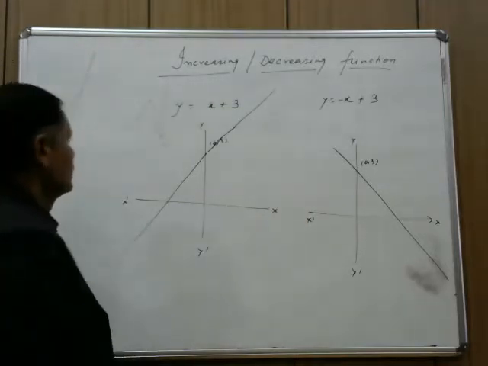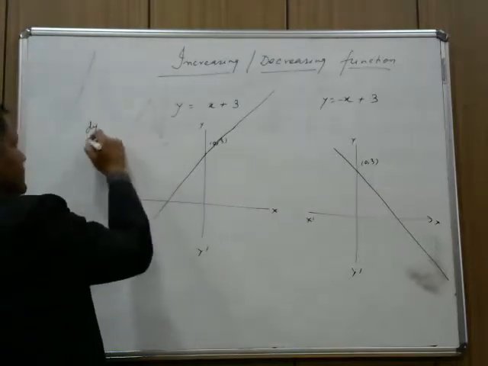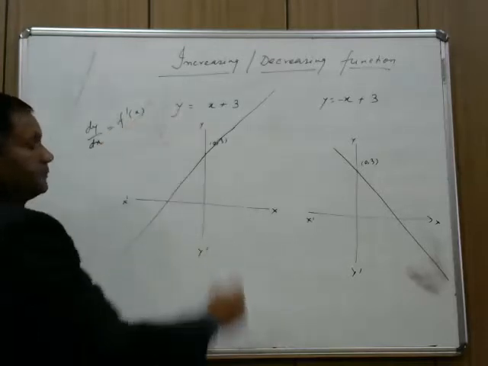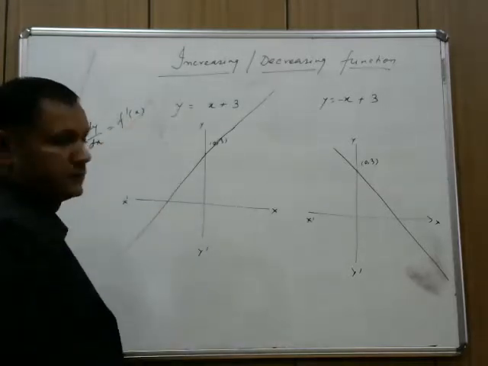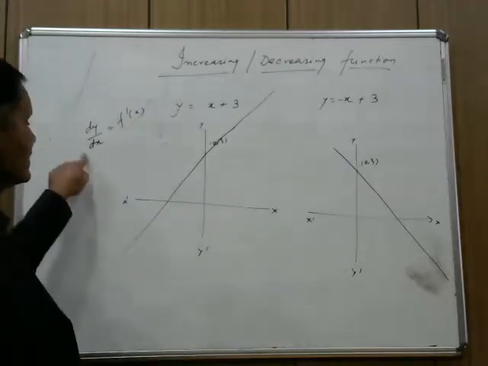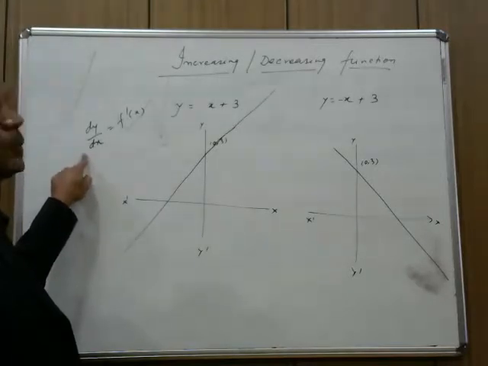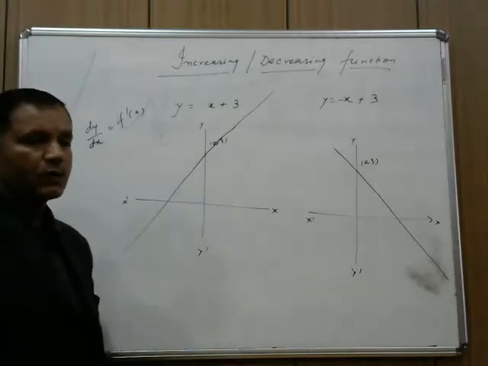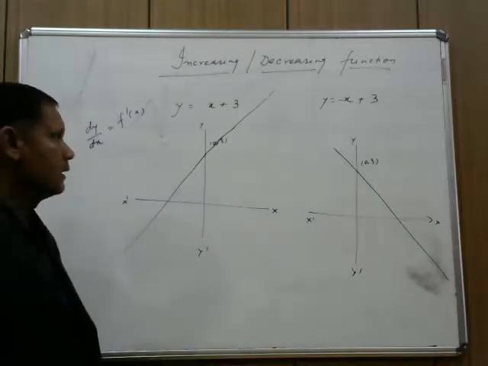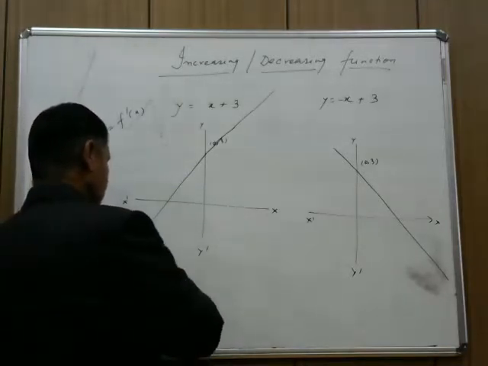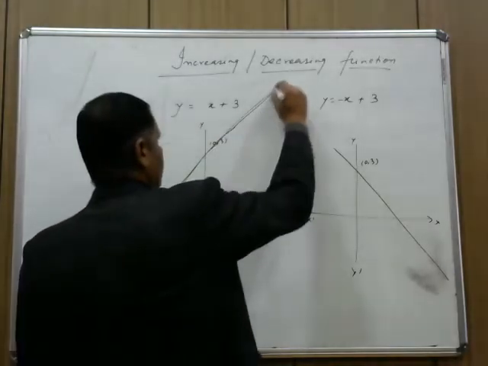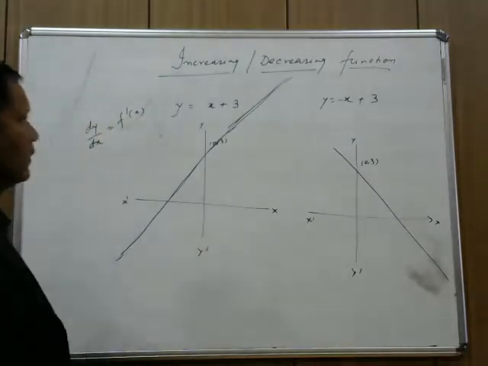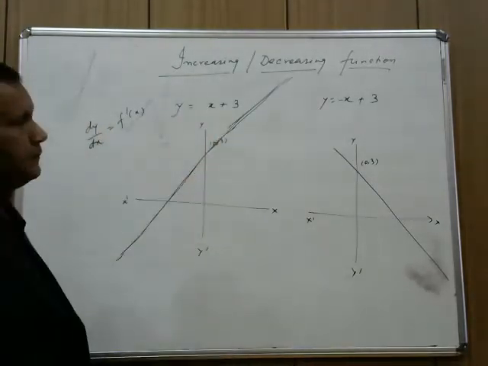And dy by dx is also known as f dash of x, the slope of the curve. Here we have a straight line, there is no curve at all. This line keeps on increasing: if I take the value of x positive, the value of y also increases.